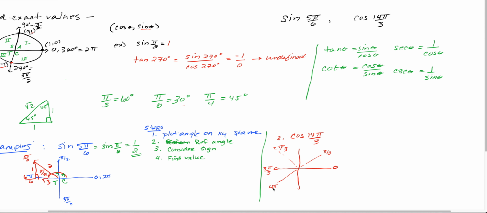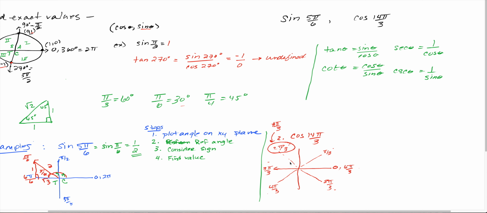We would have 4 pi over 3, 5 pi over 3, and then we would be back to 6 pi over 3, which is the same as 2 pi, right? 3 goes into 6, and we can keep counting around, right? So if this is 6 pi over 3, 7 pi over 3, 8 pi over 3, 9 pi over 3, 10 pi over 3, 11, 12, 13, and we come back up here, so this is 14 pi over 3.